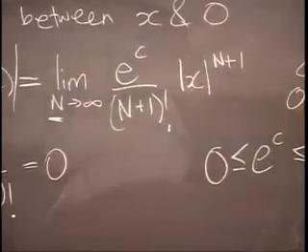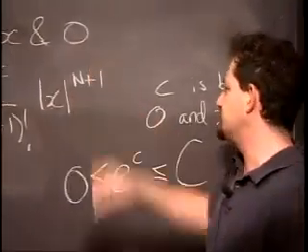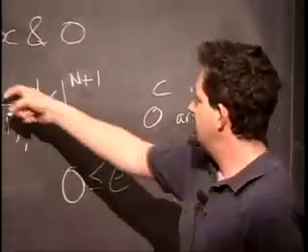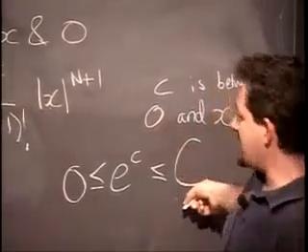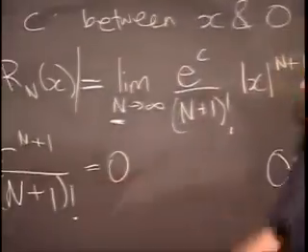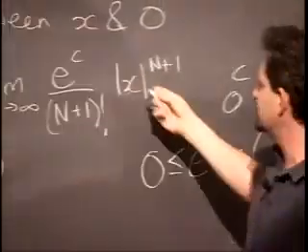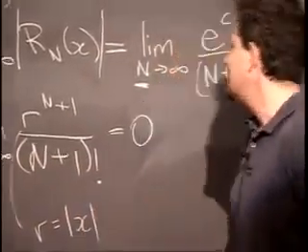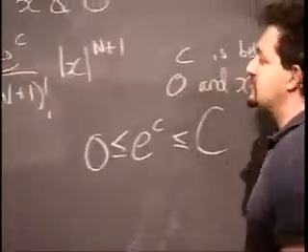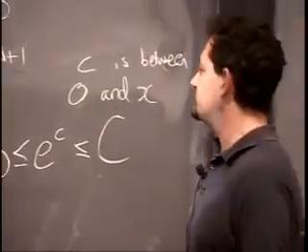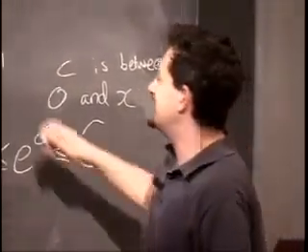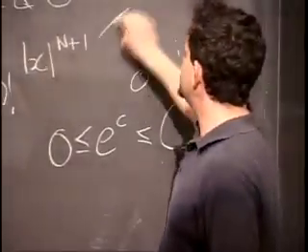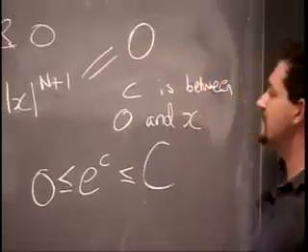And so basically, we can use the sandwich principle. This is less than capital C times r to the n plus 1 over n plus 1 factorial, where I've let r be equal to the absolute value of x. And so, again, it is described at the end of chapter 24 in some more detail, but basically we can see that this limit must equal 0 by using the sandwich principle.